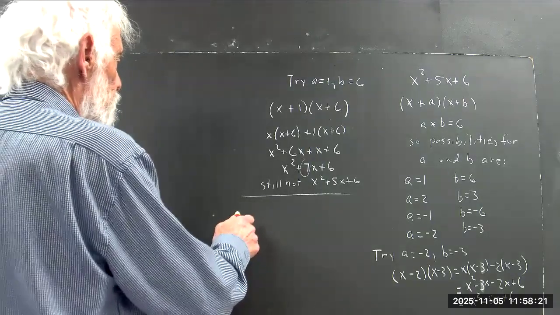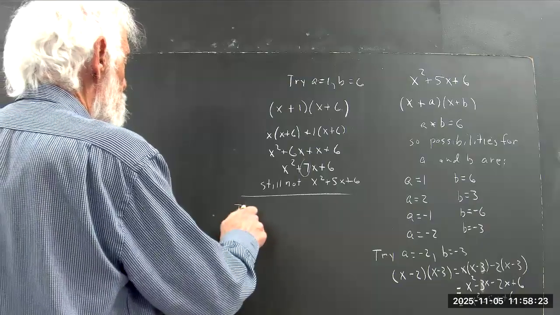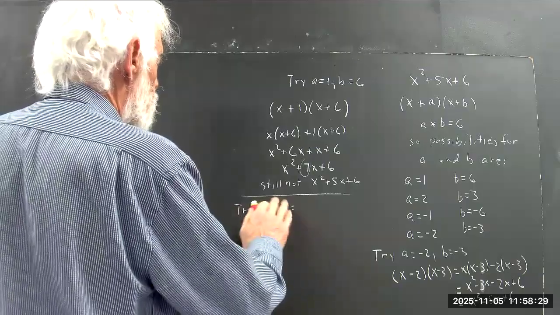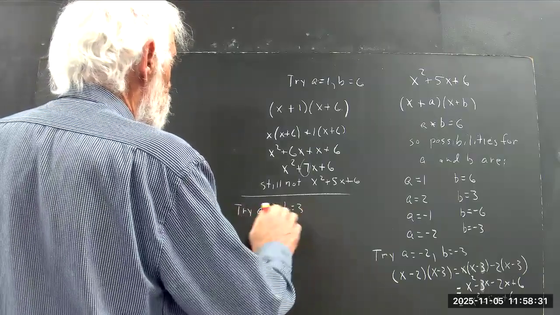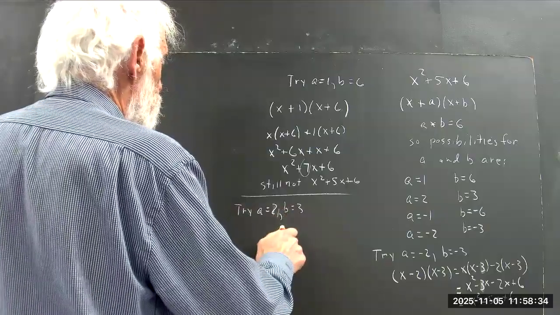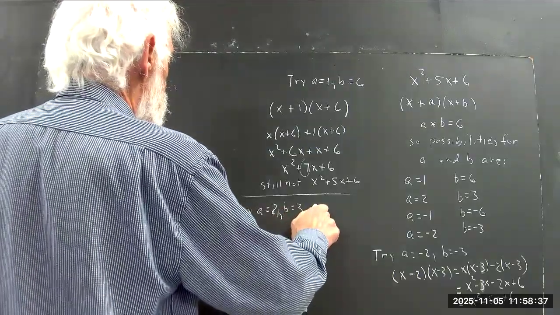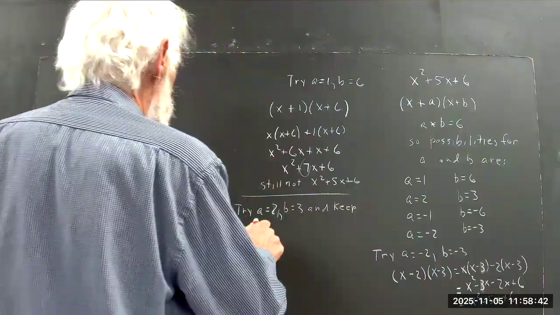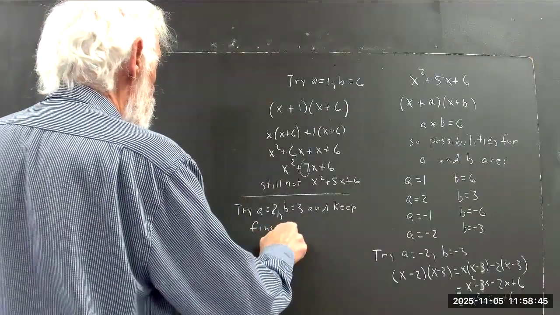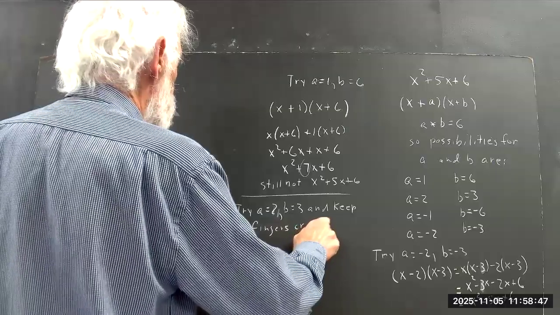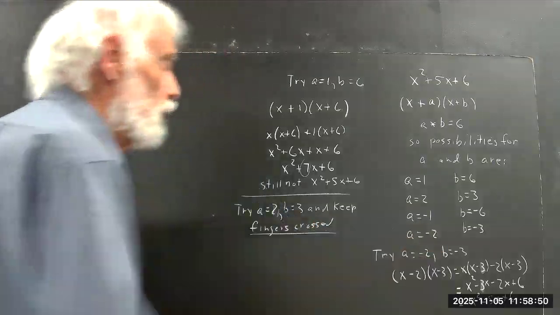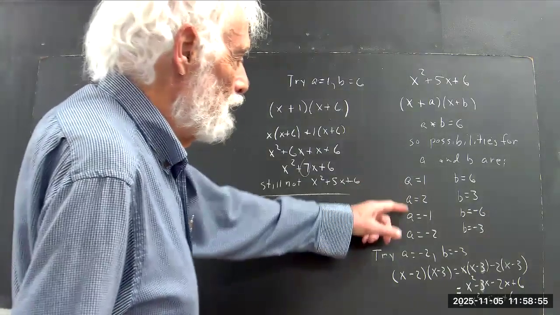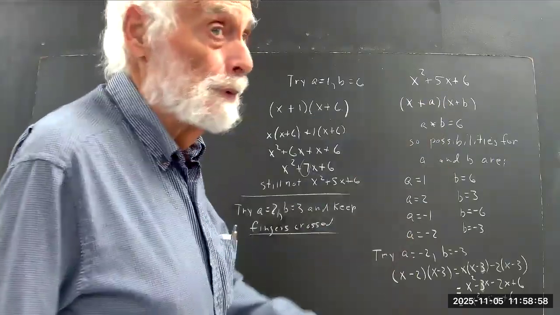Okay, so A equals 2 and B equals 3, and keep your fingers crossed, because that's our last hope. We have no hope if we've broken down 6 in every possible way.